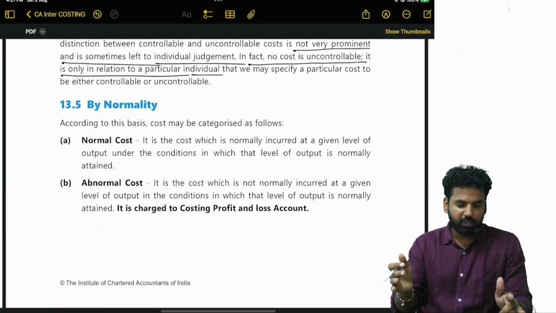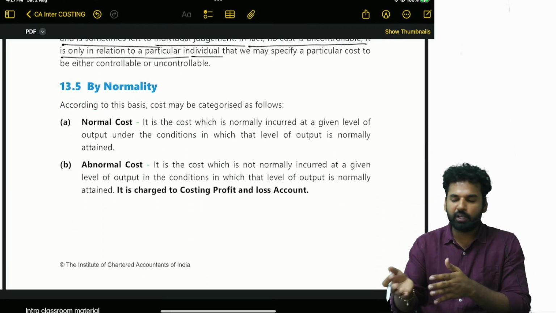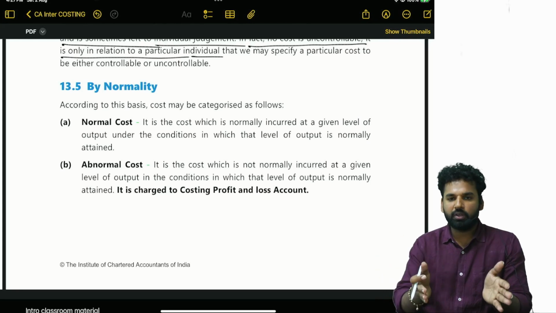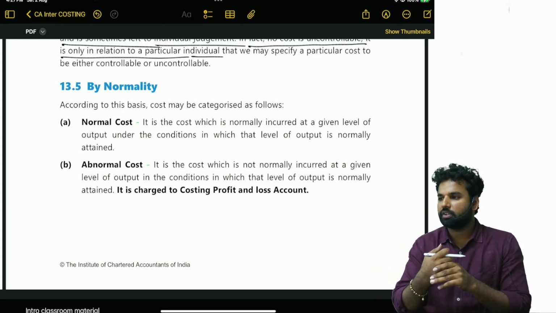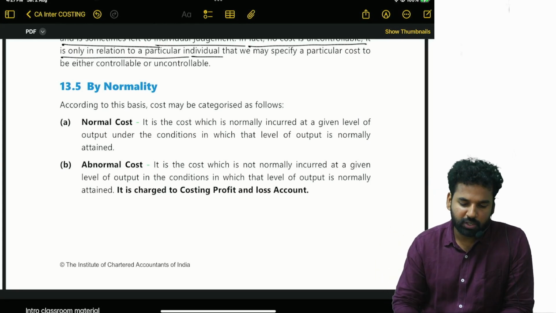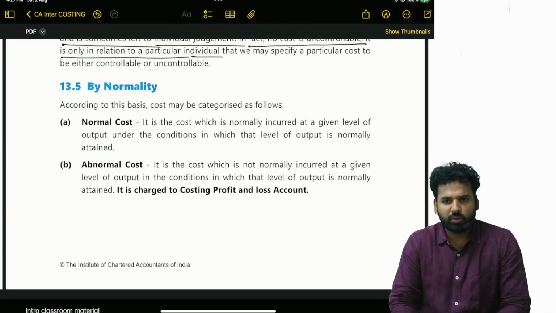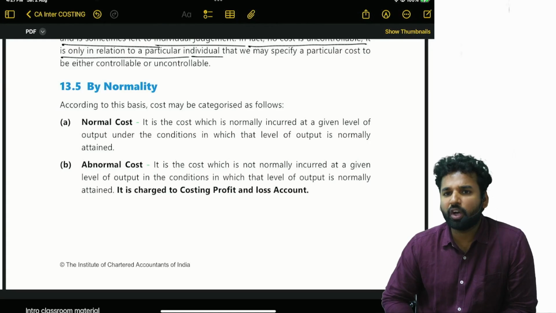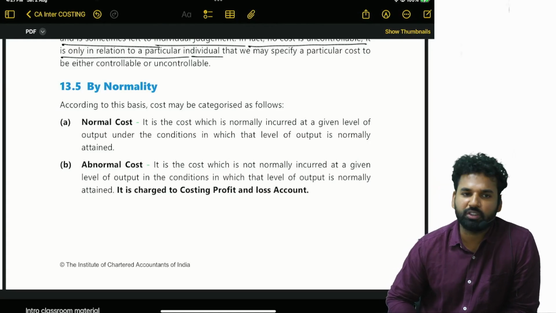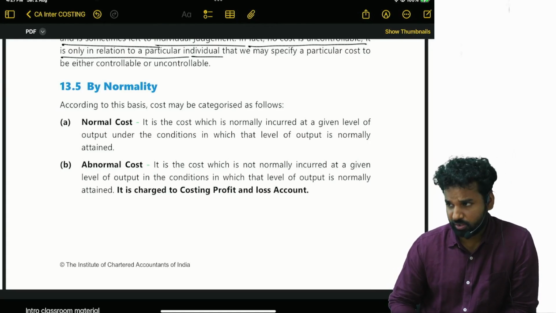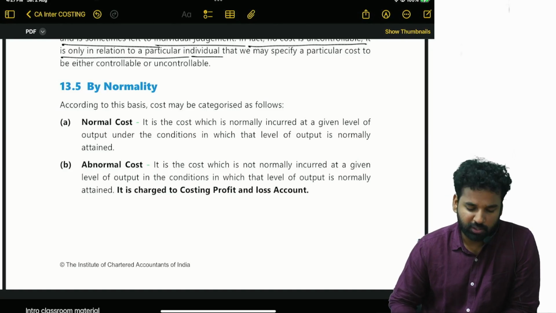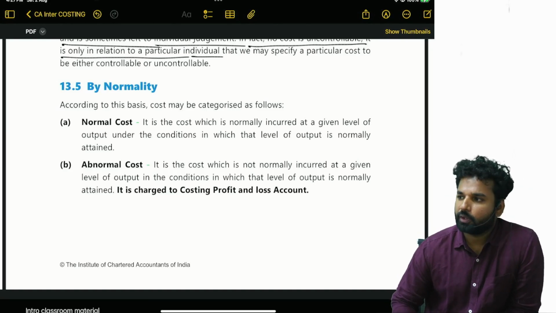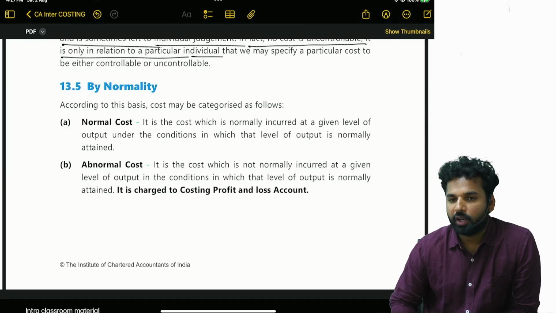Next, based on normality, costs are segregated into normal cost and abnormal cost. Normal loss is there, abnormal loss is there. You know that. Normal loss means a natural loss during the production process, the transportation process, or the purchase process.